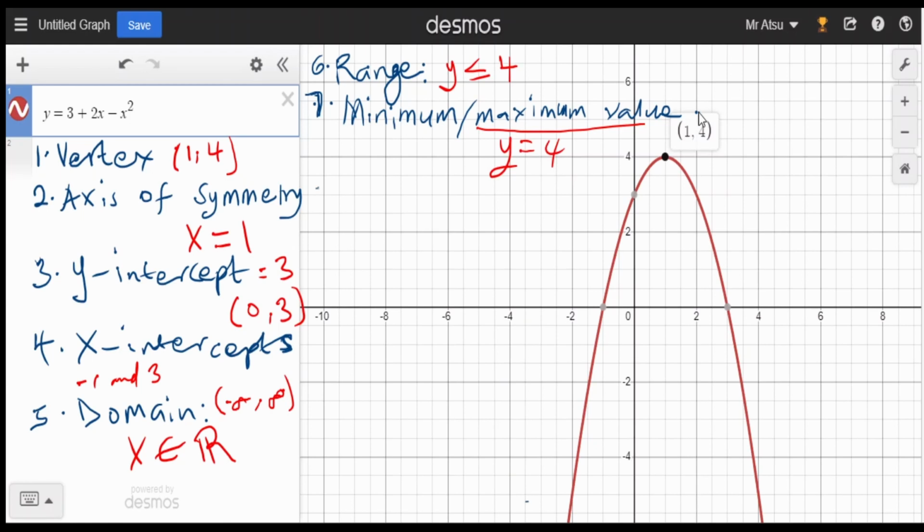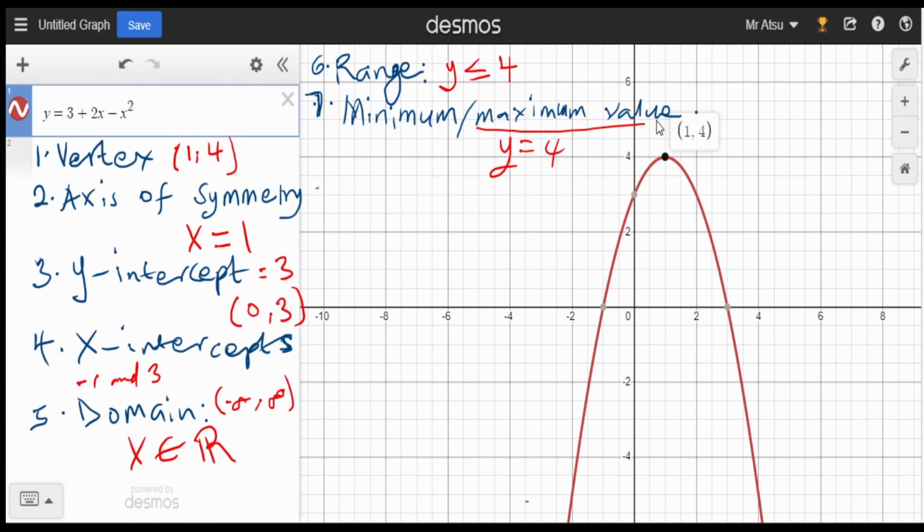Then we talked about the axis of symmetry, which is a vertical line that passes through the vertex of the parabola. The axis of symmetry is x equals 1 for this particular parabola, because for any point along this vertical line, the x value will always be 1. That's why we say it is the equation of the axis of symmetry.